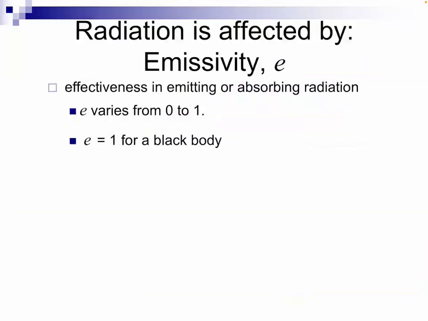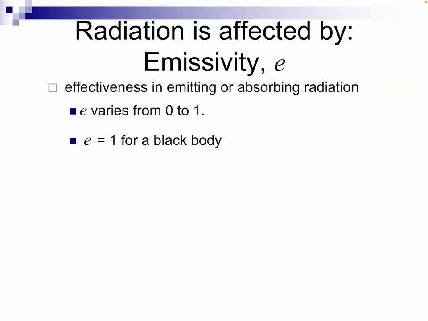So one factor that affects how much energy is transferred by radiation is called emissivity, small e. Emissivity is a property of the material, just like thermal conductivity. Thermal conductivity, we learned yesterday, is a property of the material which tells you how effectively it can conduct heat.